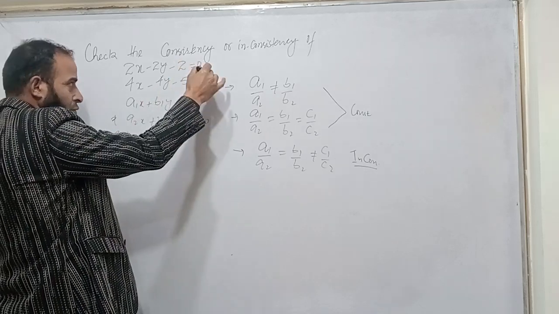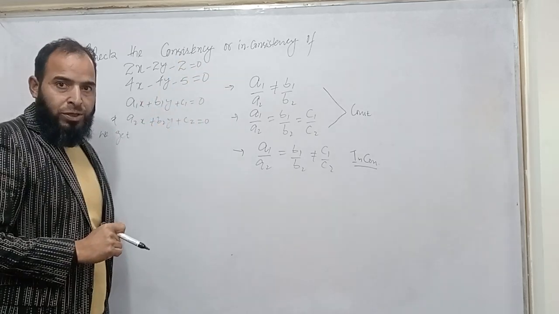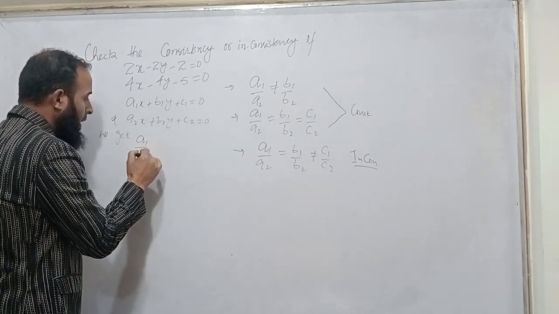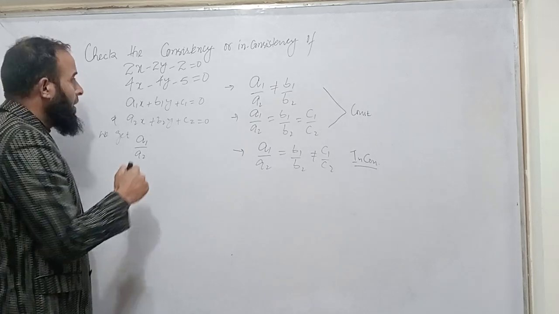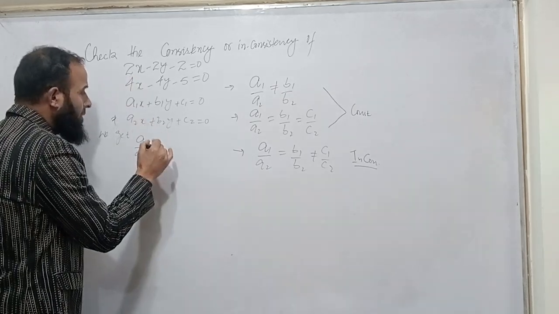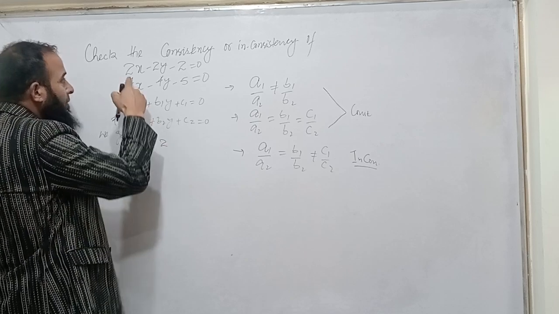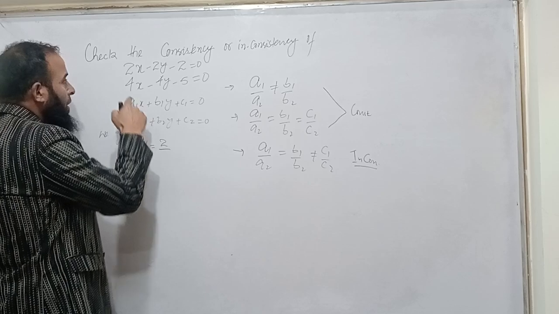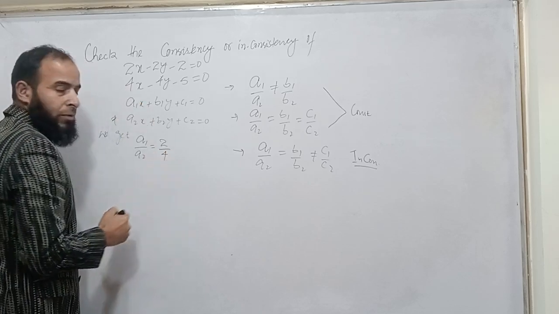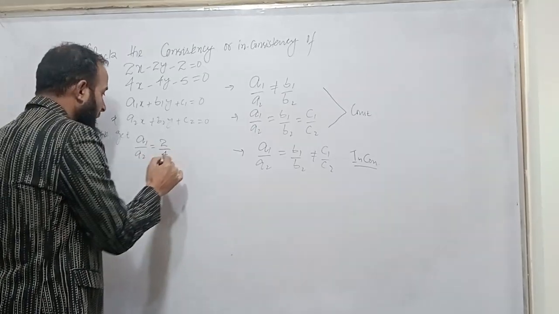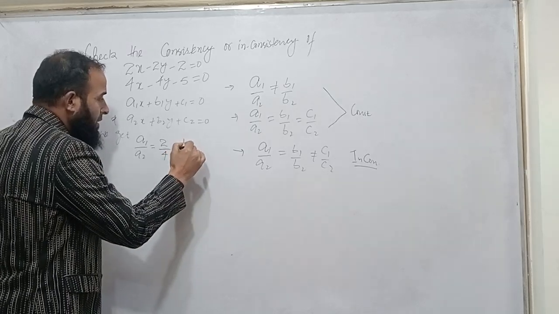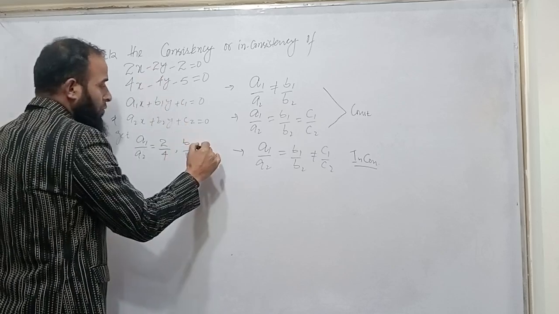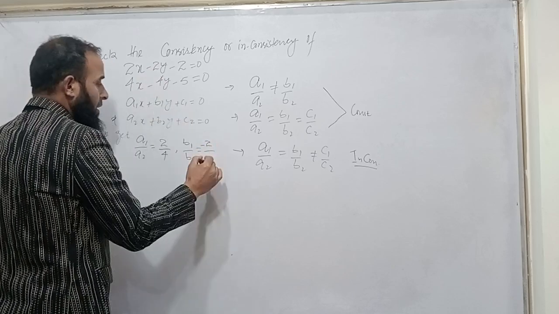On comparing these two equations with these two equations, we get a1 over a2 is equal to 2 over 4. What is a1? a1 is 2. What is a2? a2 is 4. And what is b1 by b2? Here b1 is minus 2 and b2 is minus 4.